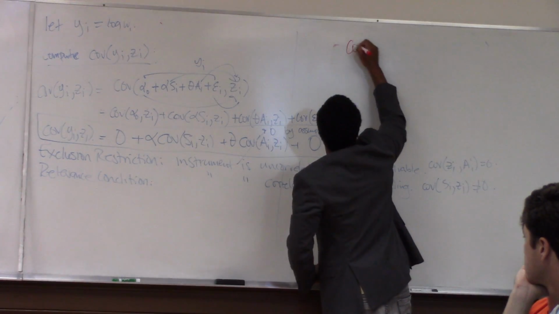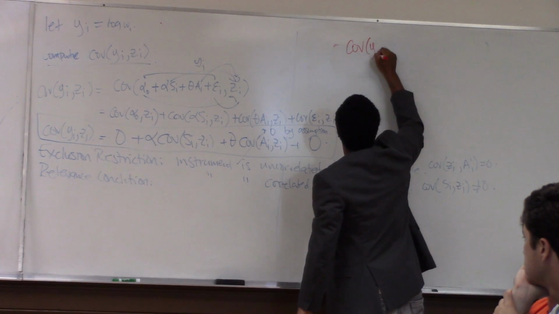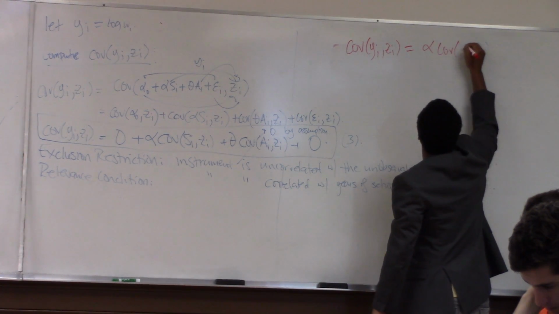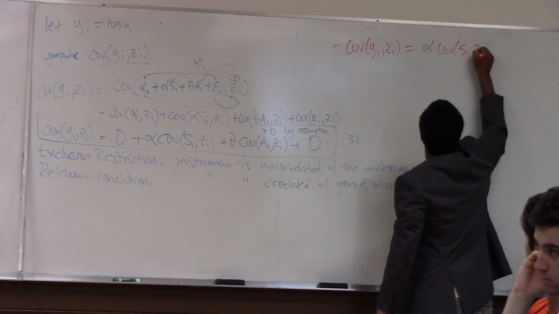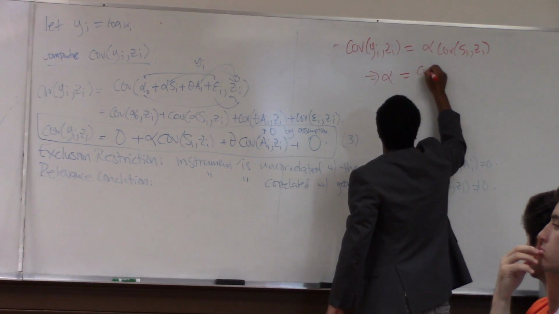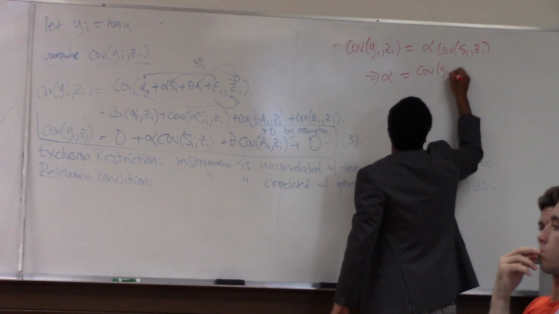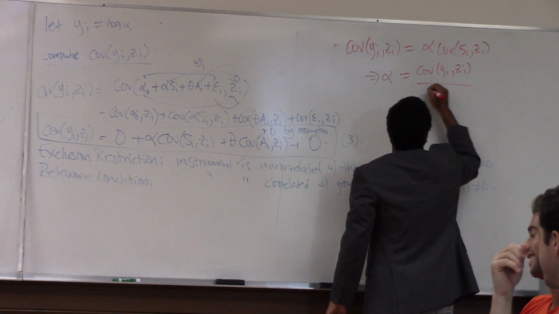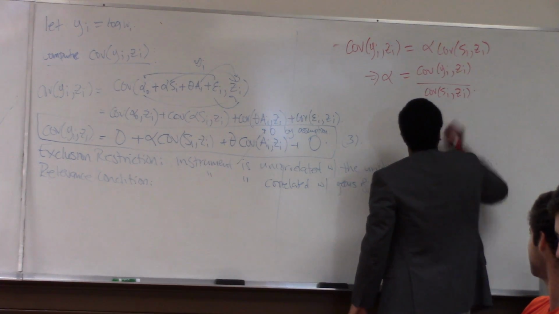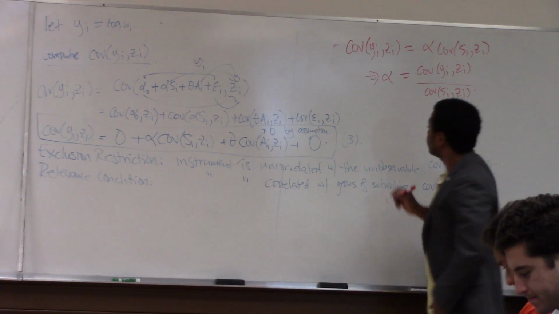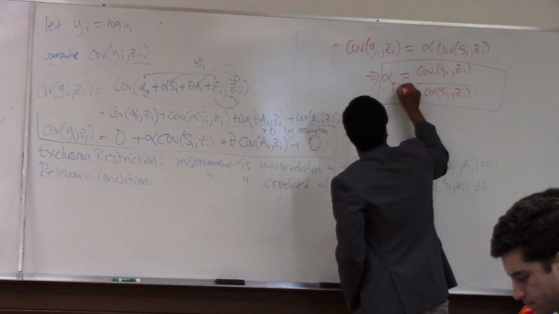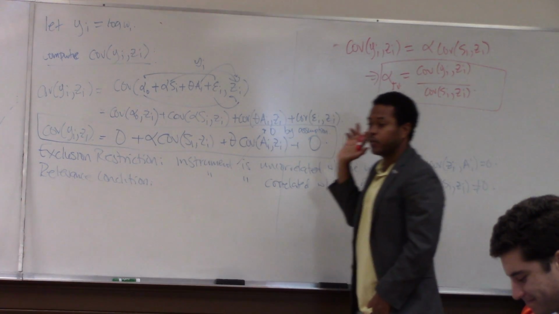Can everyone see this better? We can put a subscript IV here because this is going to be an instrumental variable.